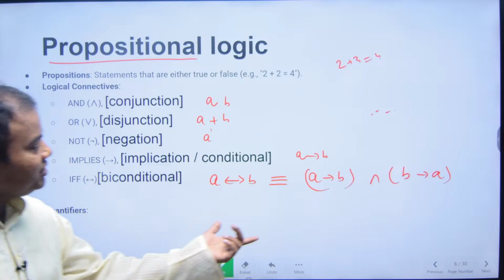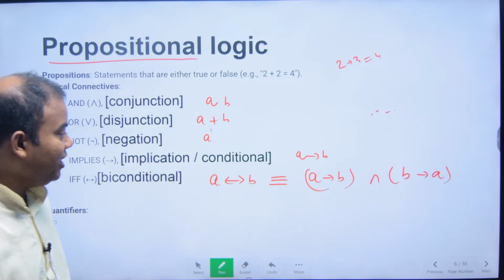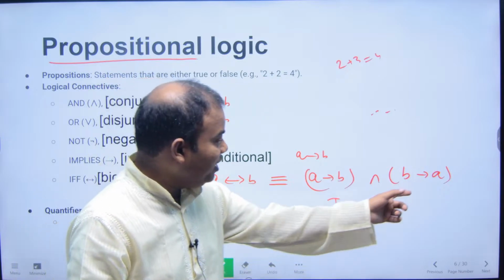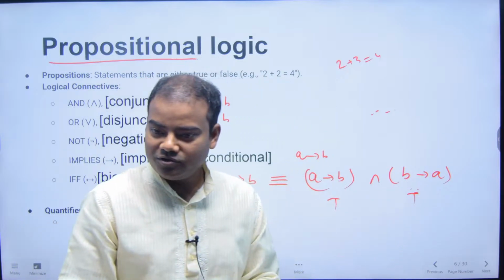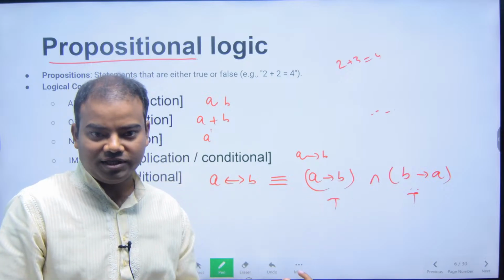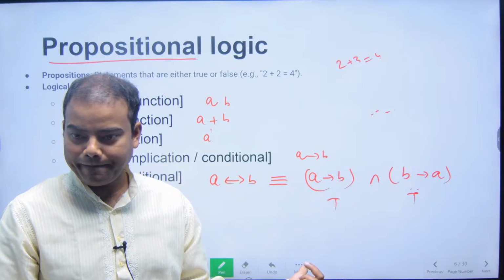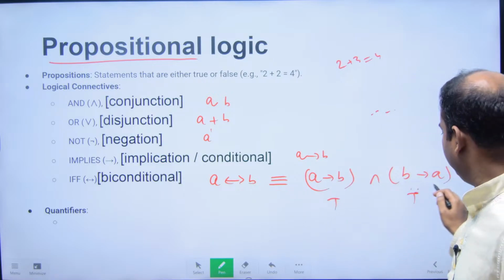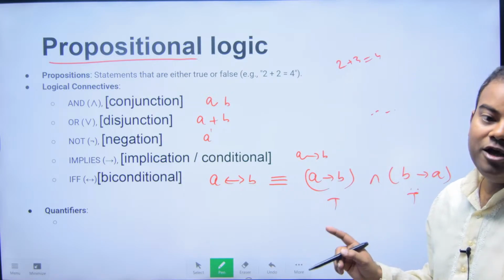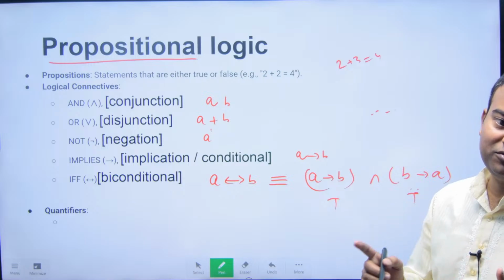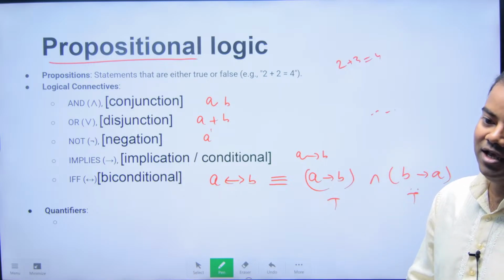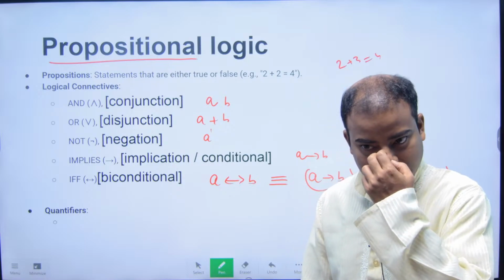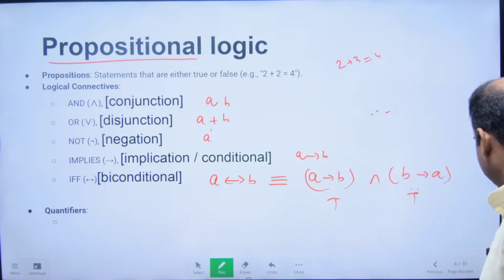If both are false, then also this is true. Because if A and B are both false, A is false so this is true, and B is false so this is true. So if both are false, then also the total thing is true. Is it clear? And if both are true, then definitely it is true, because B is true, so this is true. Is it clear? It means both have the same truth value. If A and B both have the same truth value, then this biconditional is applied. Is it clear?